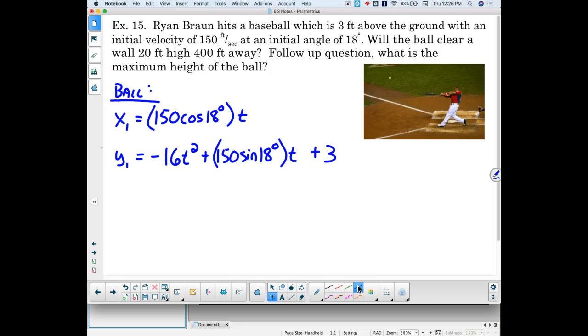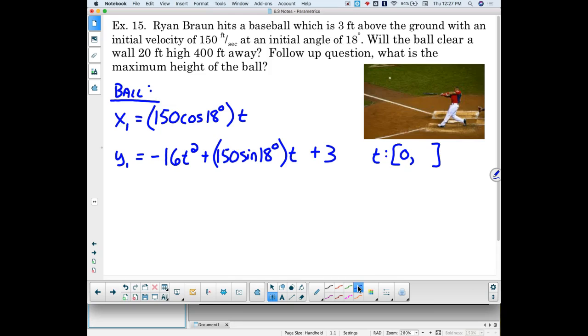T values. What do we want for our t values? What's the first one? 0. Okay. So t from 0 to what? 400?